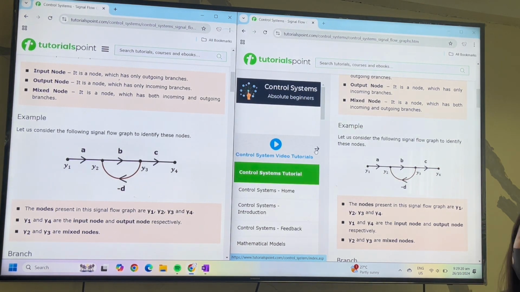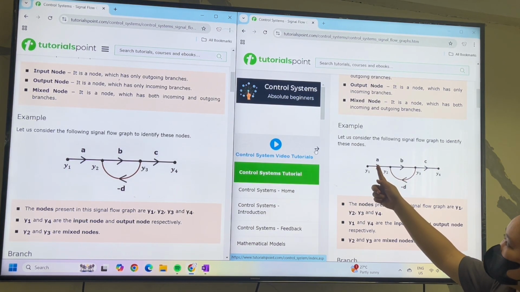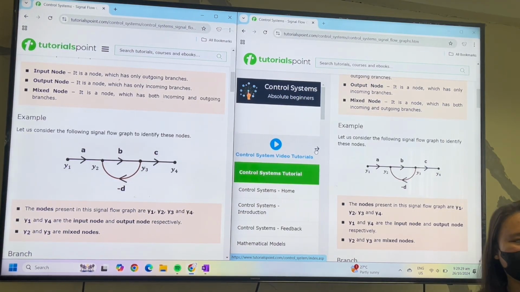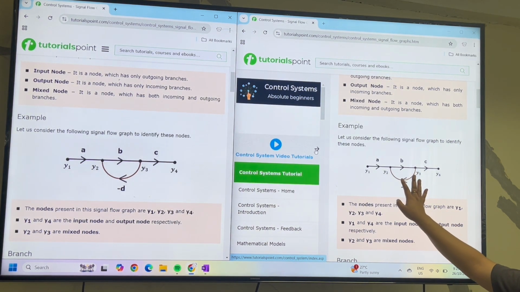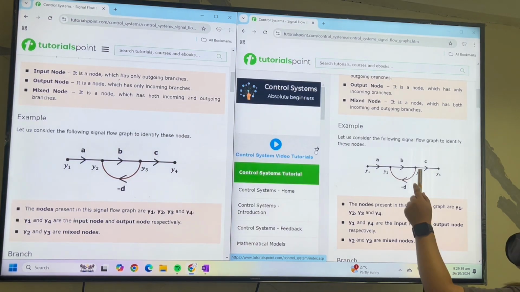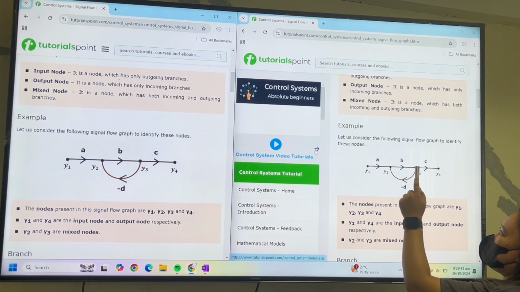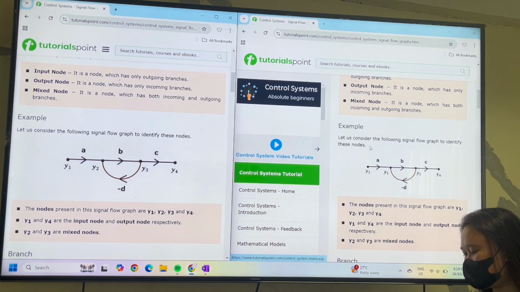The input node has outgoing branches, while the output node has incoming branches. And Y2 and Y3 are mixed nodes, or the combinational nodes. Y2 has outgoing and incoming branches, and Y3 has outgoing and incoming branches too.